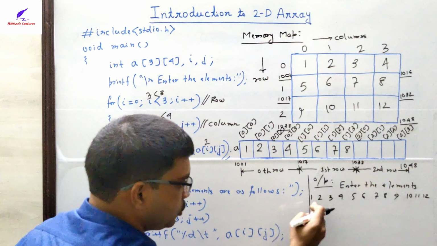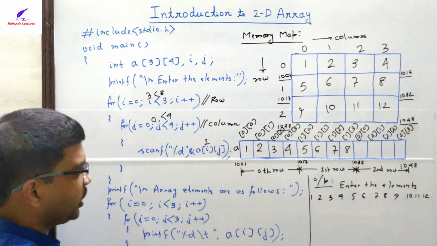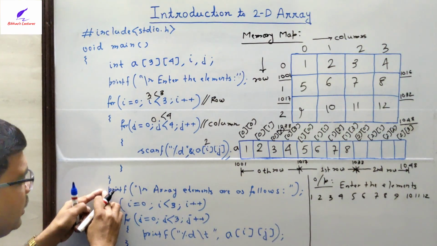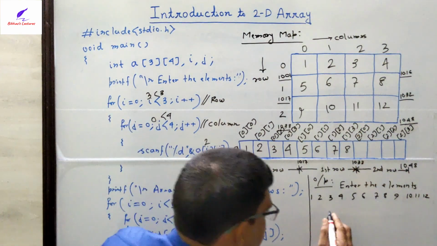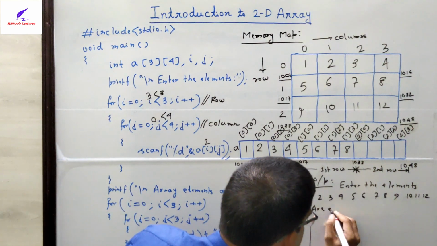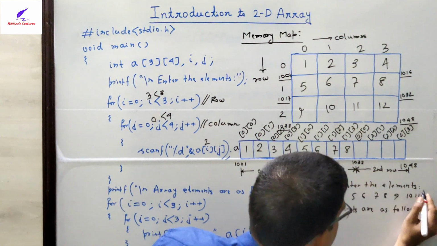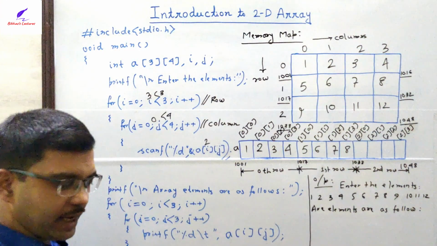Suppose these are the 12 values that we have scanned from the user, and then this line will be printed: Array elements are as follows. And then it will print all the array elements.